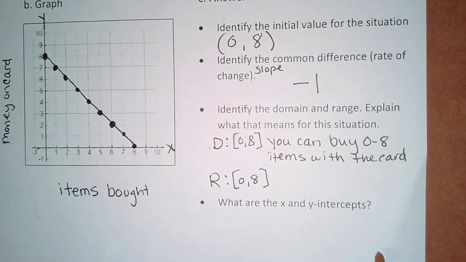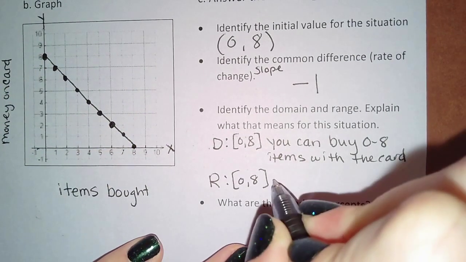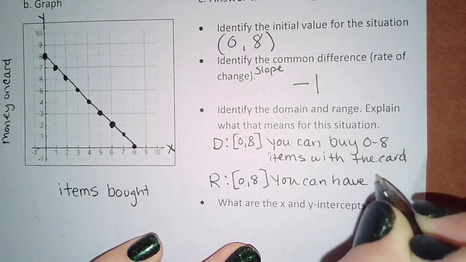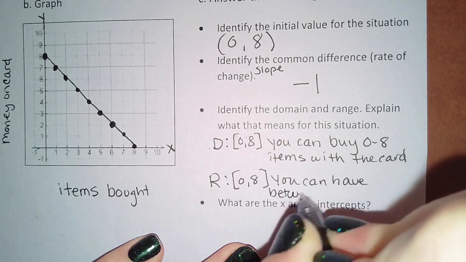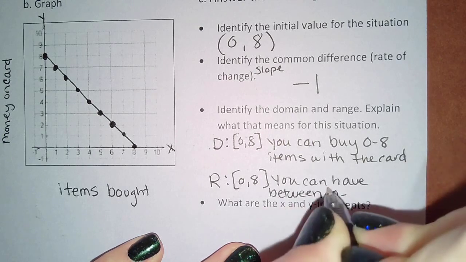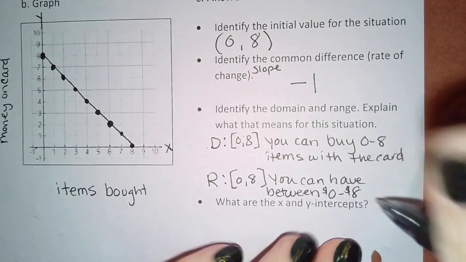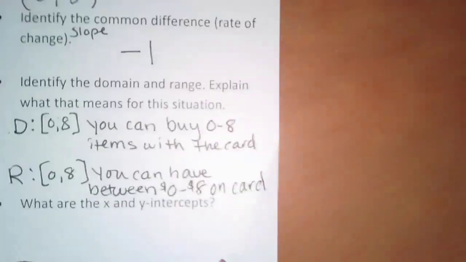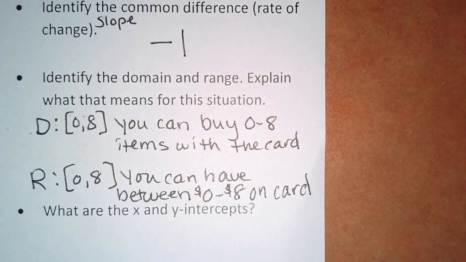Anywhere between would work, but can't be less than, can't be more than. So you can have between $0 to $8 on the card.